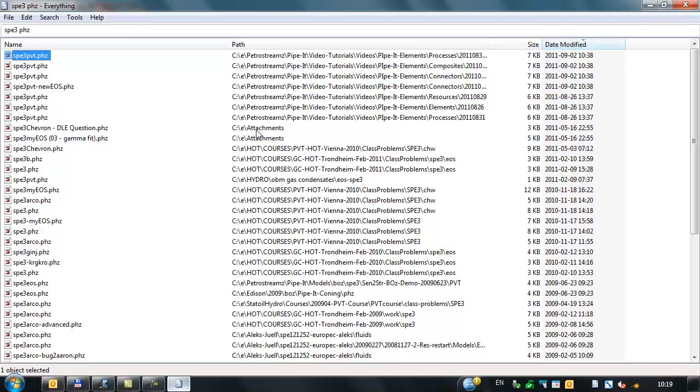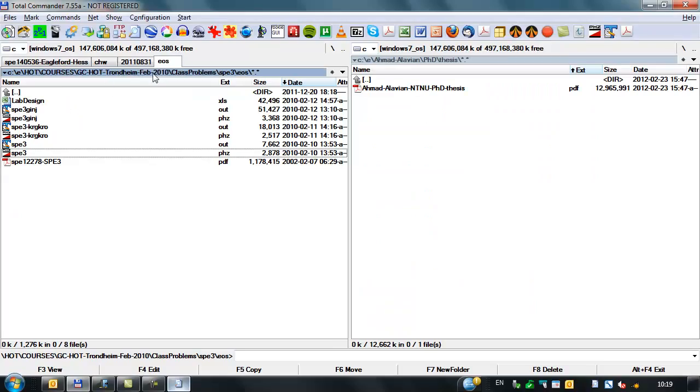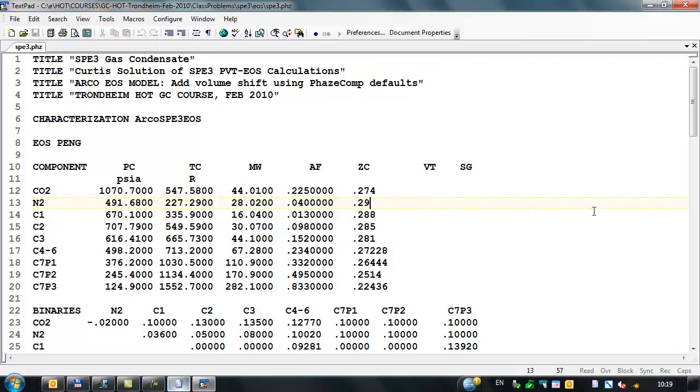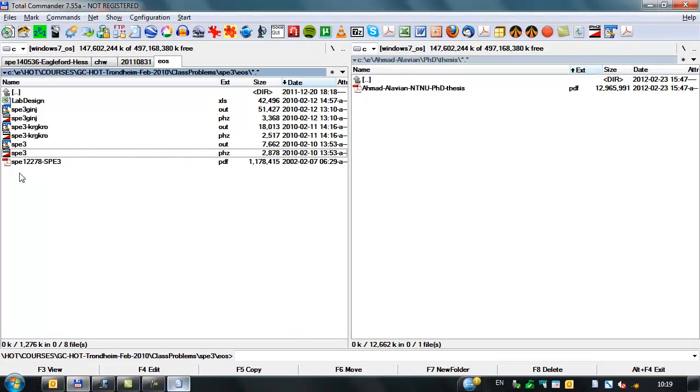Let me see if I can find SPE3. Gas condensate here, this might be. Gas condensate SPE3 US. Okay, we don't have the volume shift there.